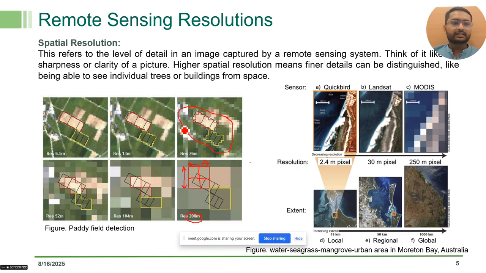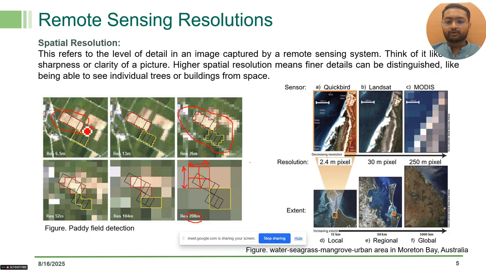So the thumb rule which we follow is to consider the minimum side of the object. Here in this case, let's say this is the farm which we are considering, the red one. If you just want to detect this particular farm, then the pixel resolution should be half of the smaller dimension.